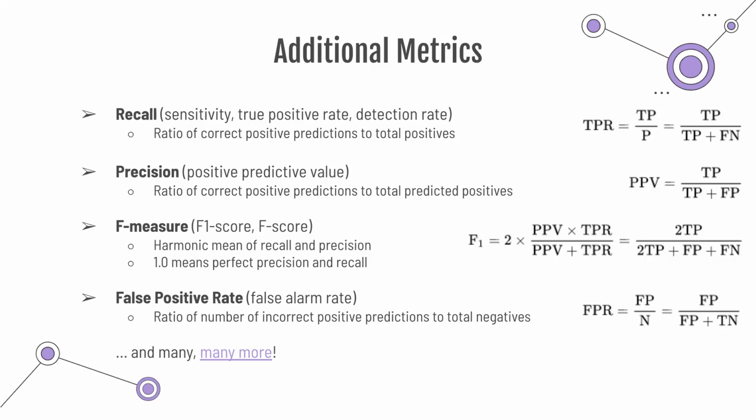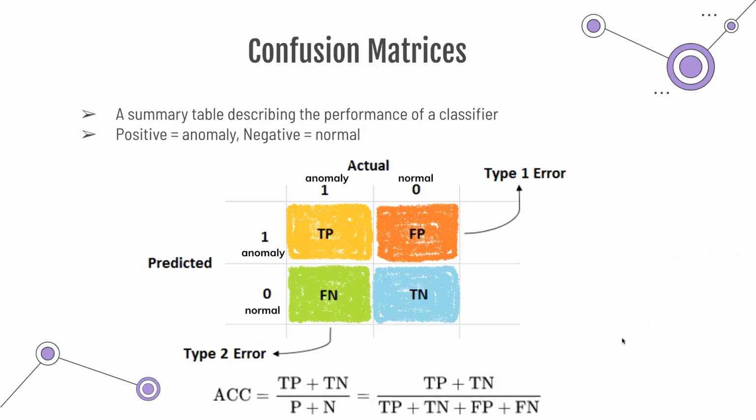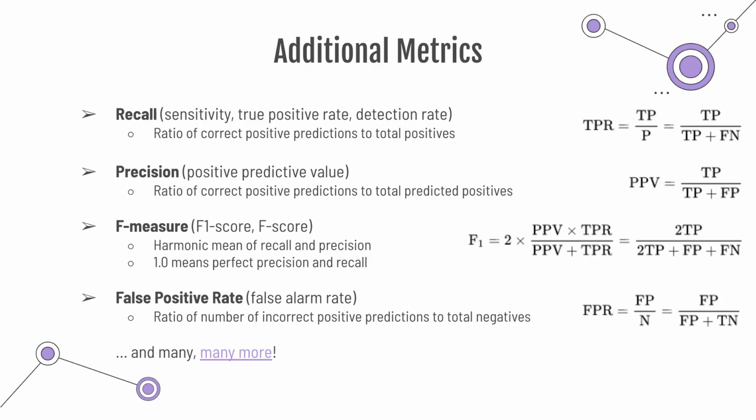The denominator should be all the positives, which from the confusion matrix are the true positives, the correct ones that you identified as positives, plus the false negatives, because you falsely identified them as negative when they actually turned out to be positive. So that's recall, or sensitivity, or true positive rate.